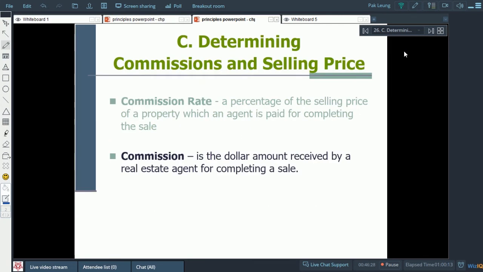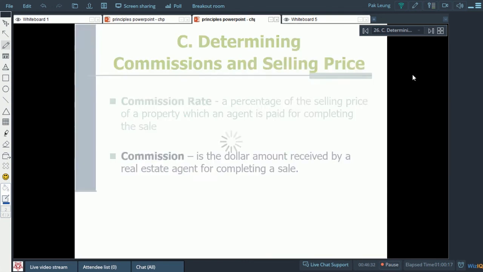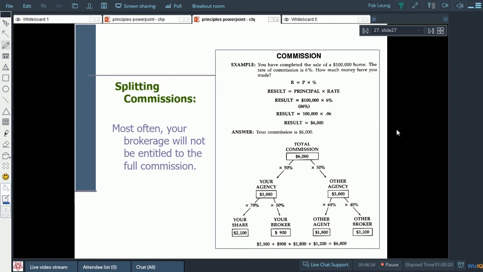So this is how you do the conversion. Very, very simple, just by a factor of 100.